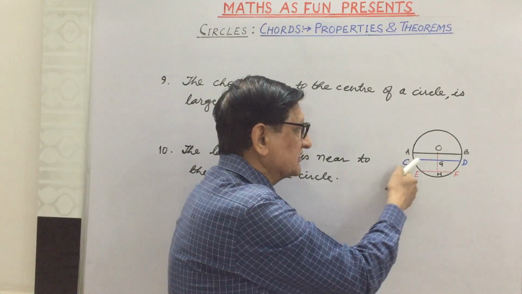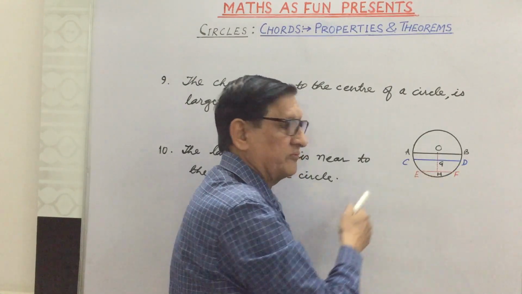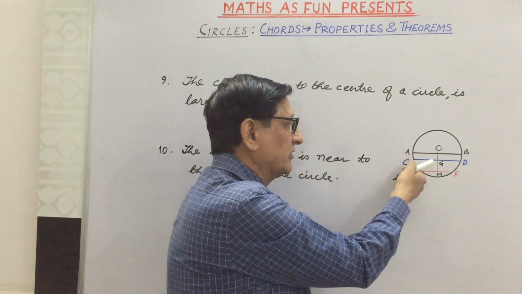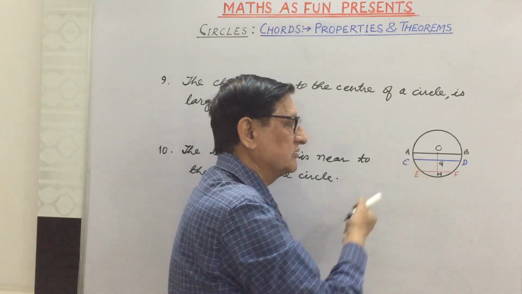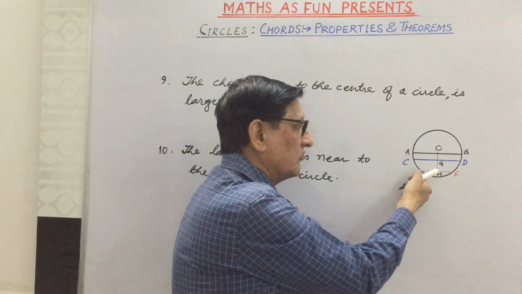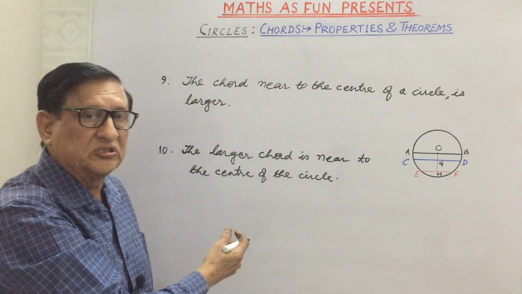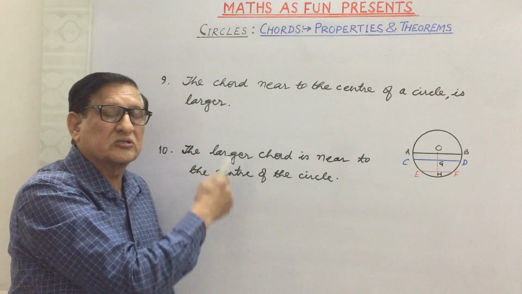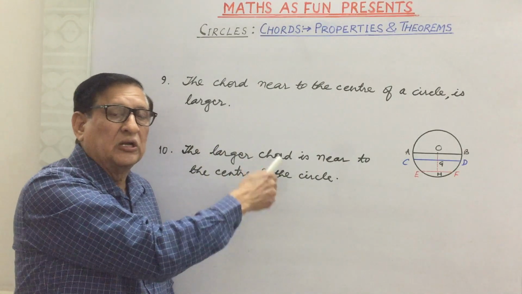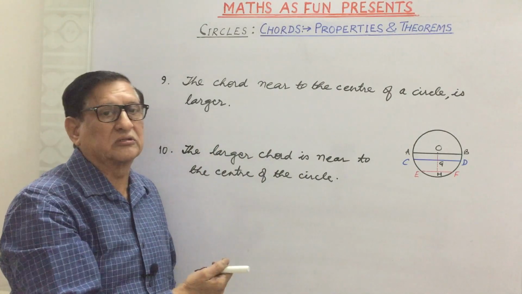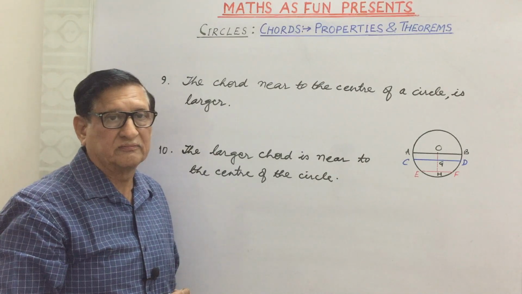We are finding that CD is larger than EF, which is nearer to the diameter or nearer to the center. EF is away from this. It means we can understand these theorems logically, that the larger chord is near to the center or the chord which is near to the center is larger.